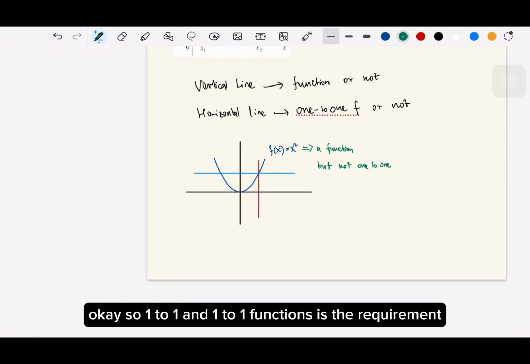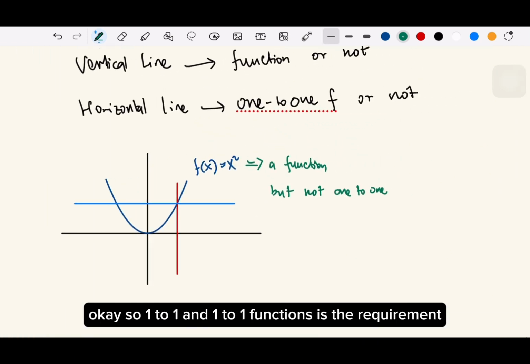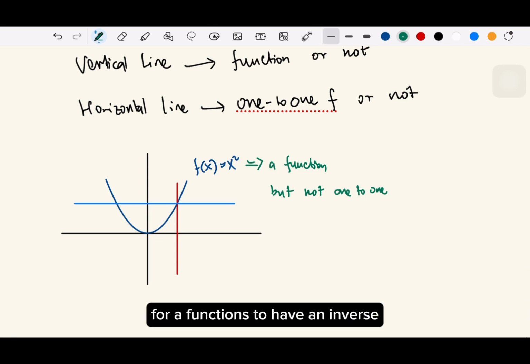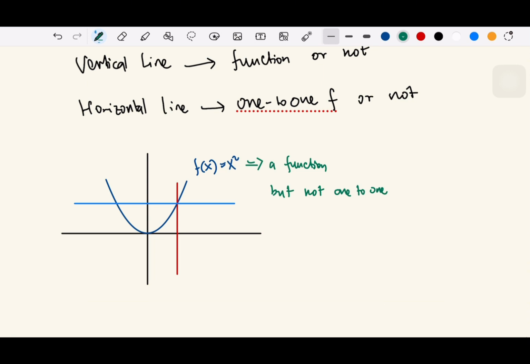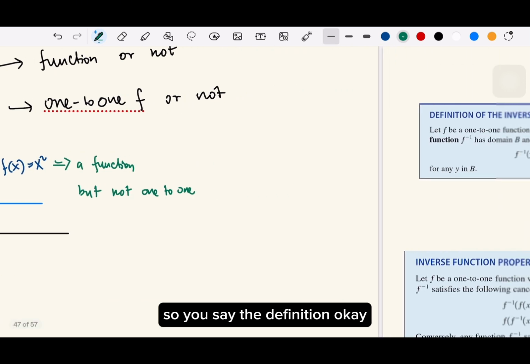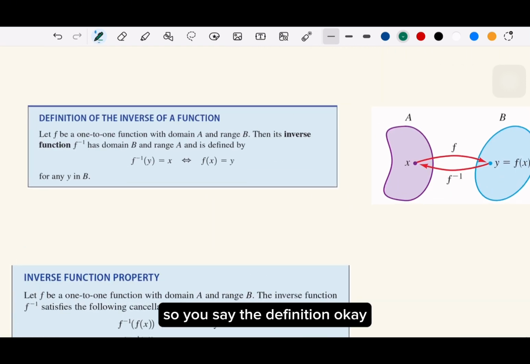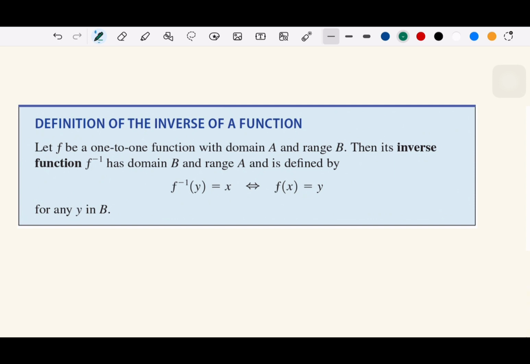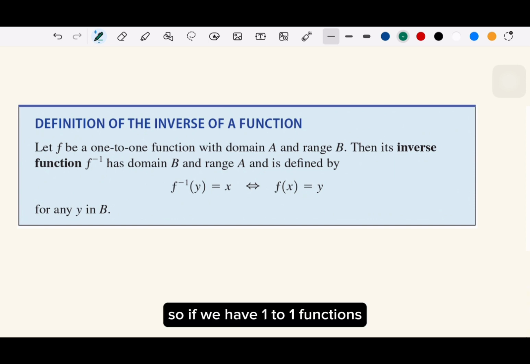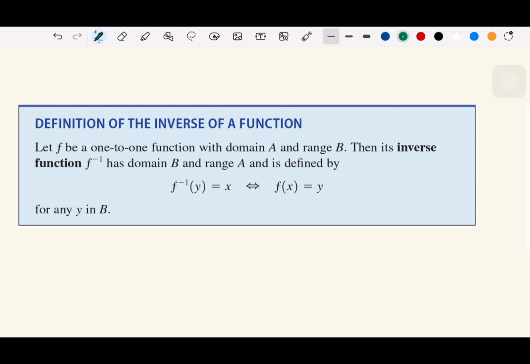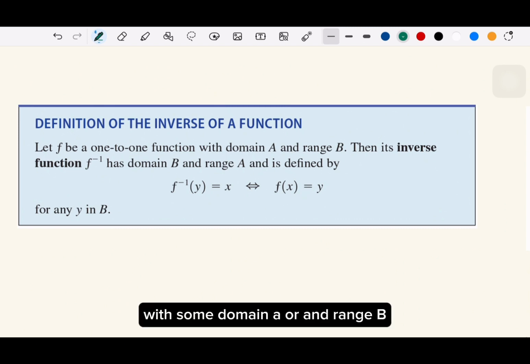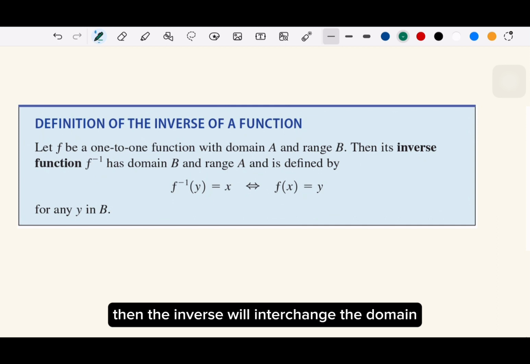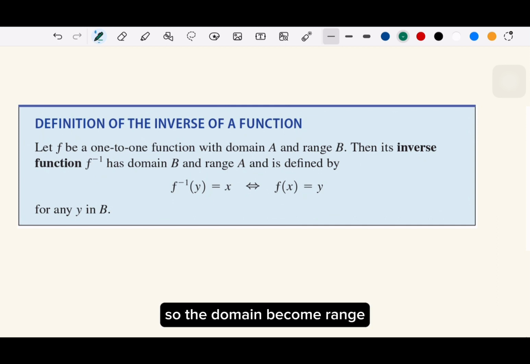So one-to-one functions are the requirement for a function to have an inverse. So we say the definition: if we have a one-to-one function with some domain A and a range B, then the inverse will interchange the domain, so the domain becomes the range and the range becomes the domain.